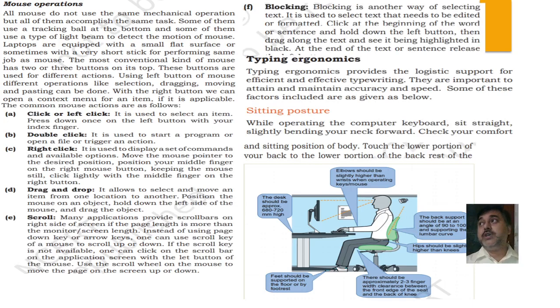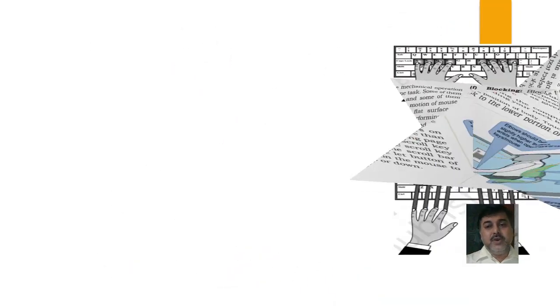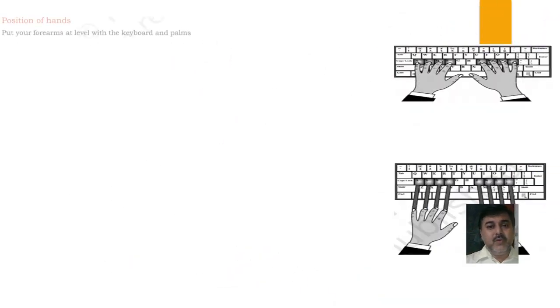That means we should sit properly and do it in a proper way, so that we can find how we can work on it. Next, the next part that is there, you see here how we are going to type.